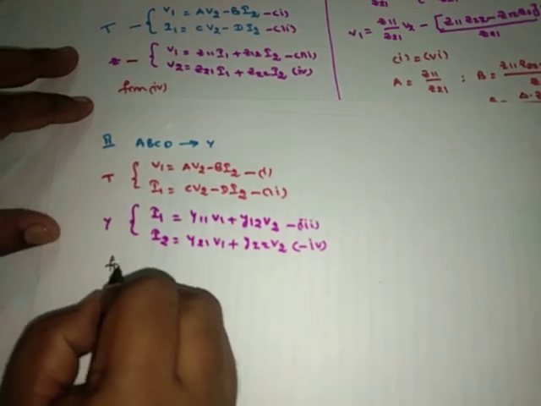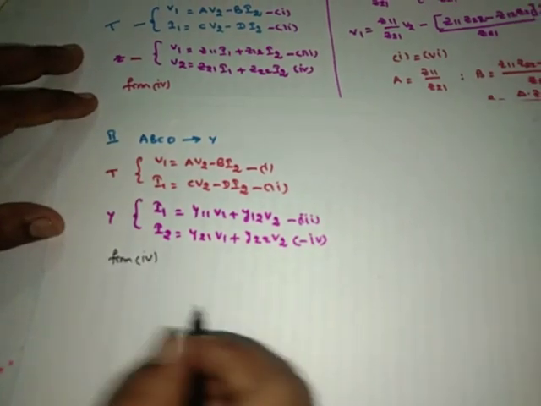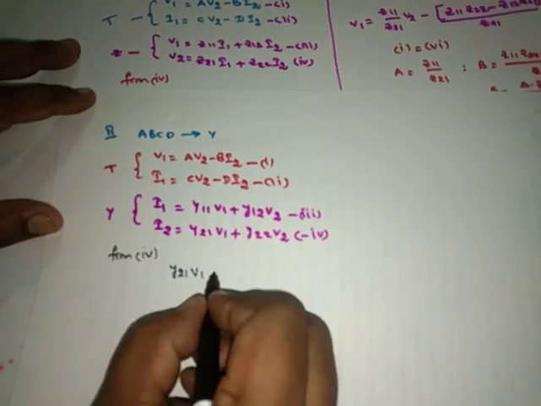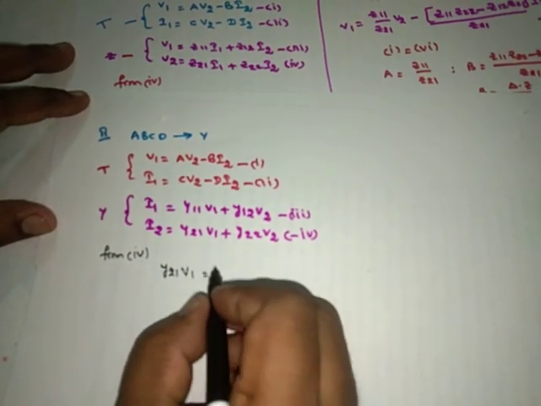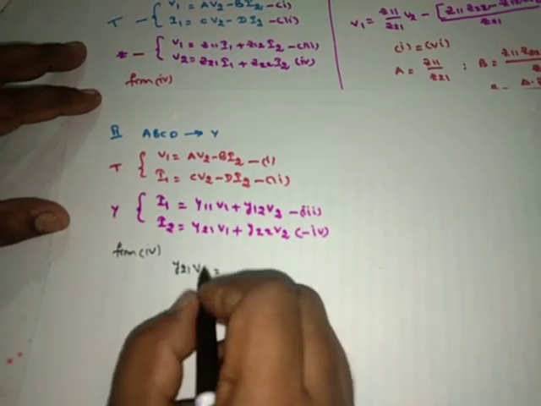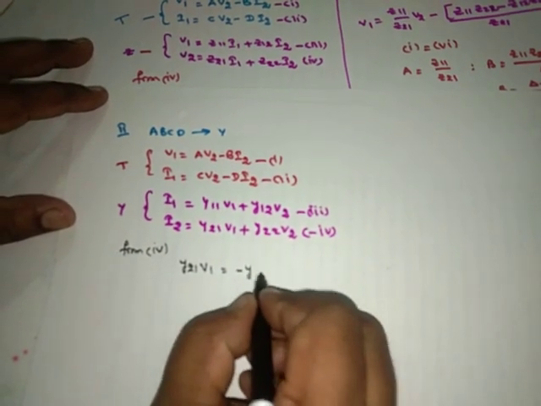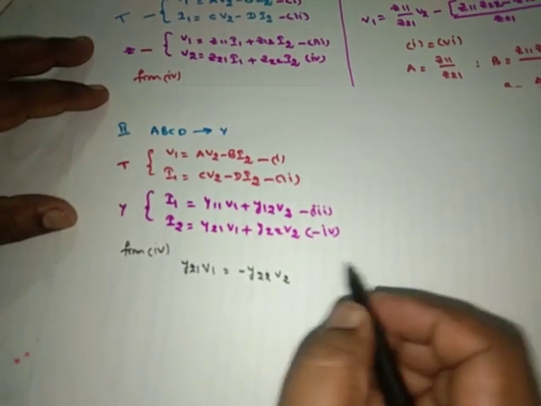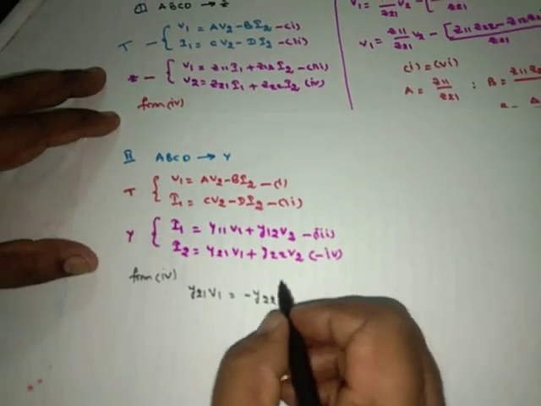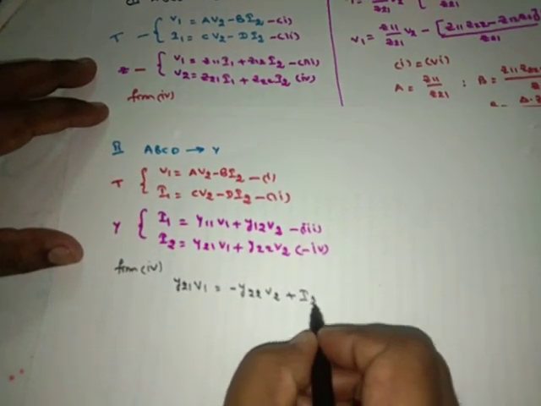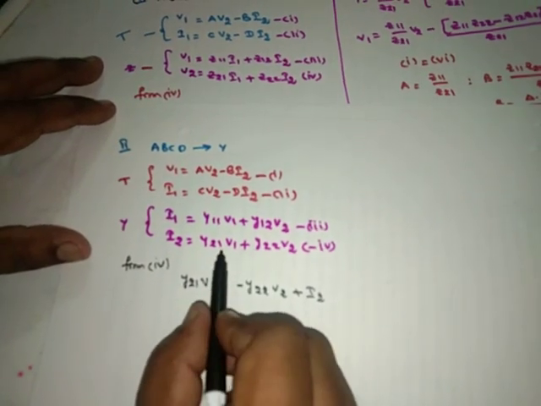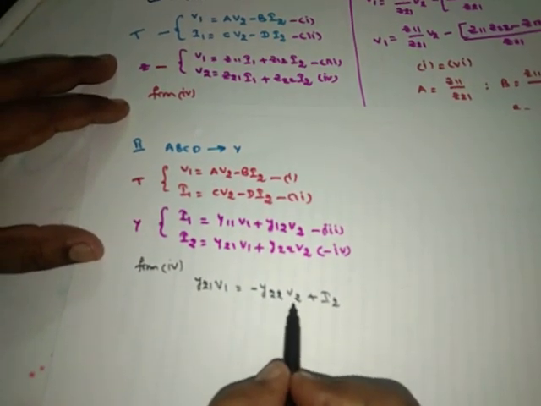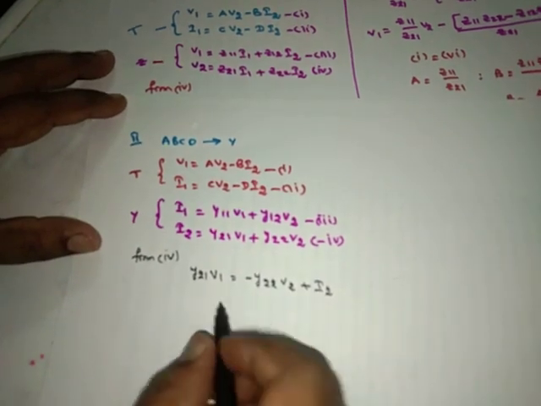From 4, Y21 V1 is equal to, take this to the other side, minus Y22 V2 plus I2.